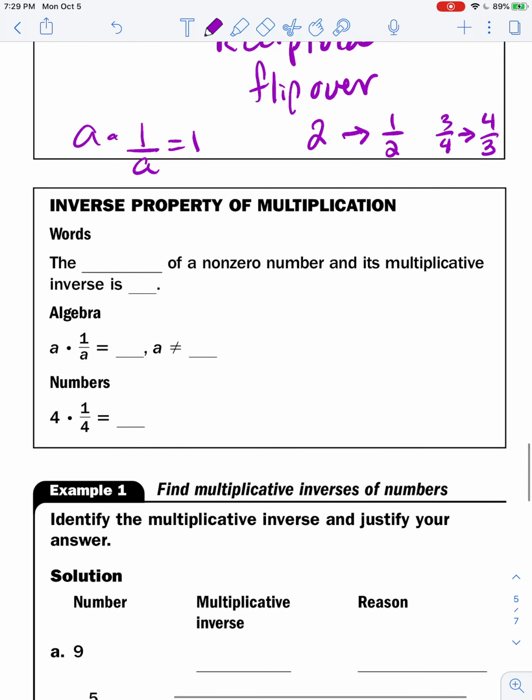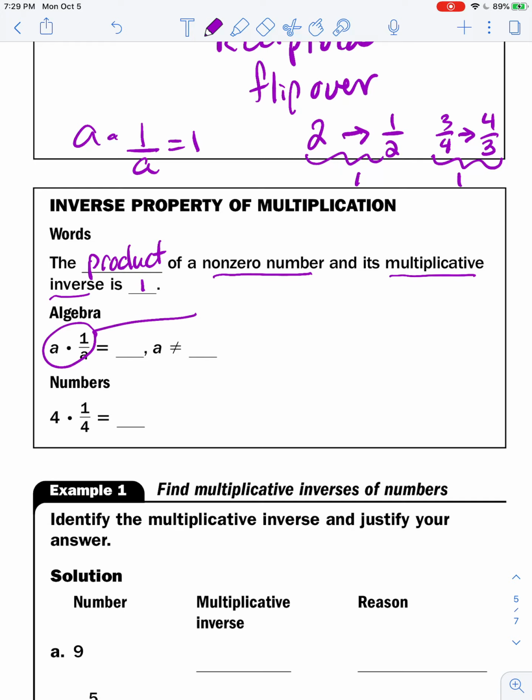Okay, so inverse property. The product, which is just talking about the answer of a multiplying problem, of a non-zero number and its multiplicative inverse is 1. So that's what I was showing you up here. If you did 2 times a half, you would get 1. If you did 3/4 times 4/3, you would get 1.